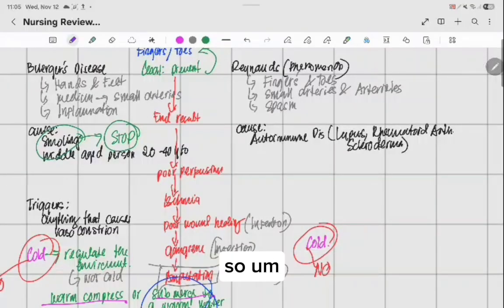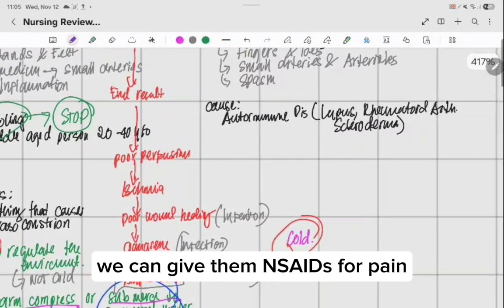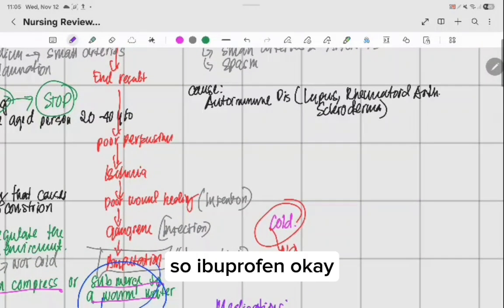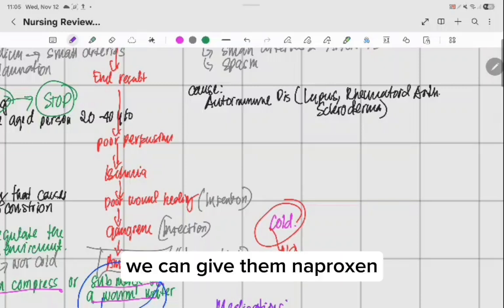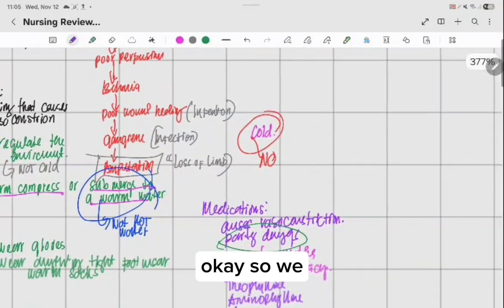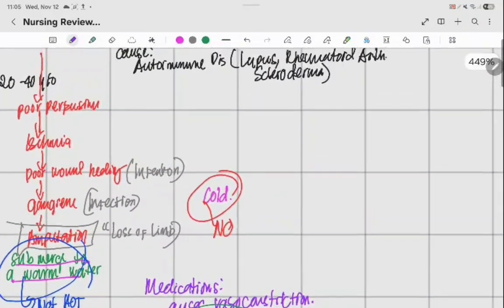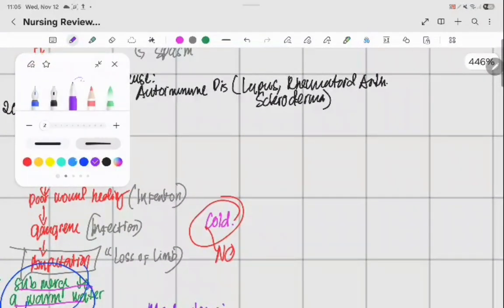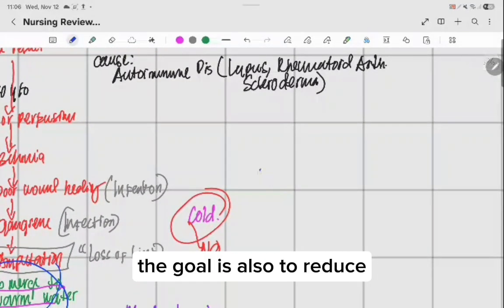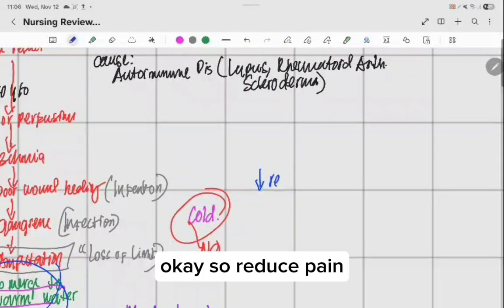Okay, so we can give them NSAIDs for pain. So ibuprofen. Okay, we can give them naproxen. We can give them indomethacin. Okay, so the goal is also to reduce pain.